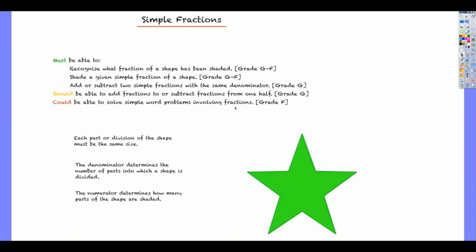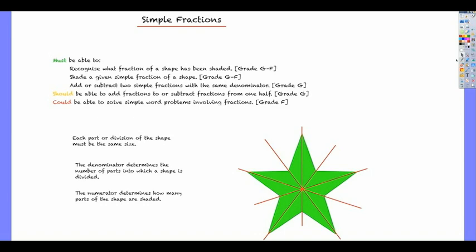So if we have a shape and we want to split it into fractions, each part or division of the shape must be the same size. So if I have a look at this star, I've now split it so that every section is the same size. So I've got 10 sections.